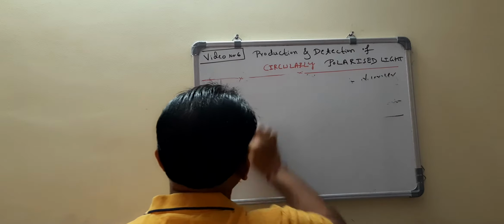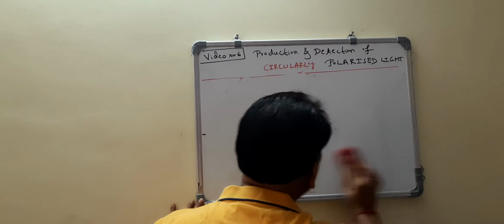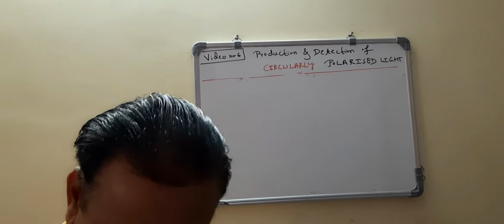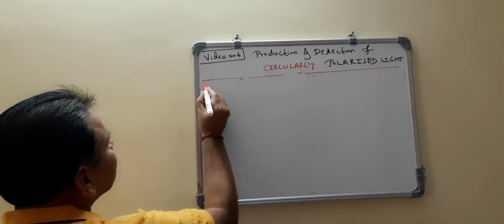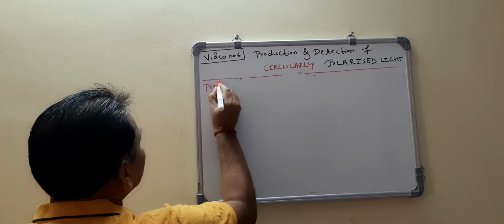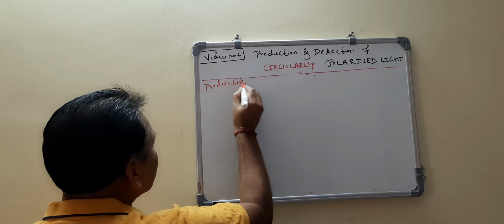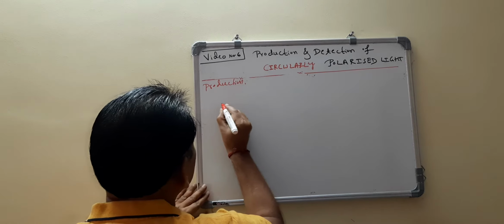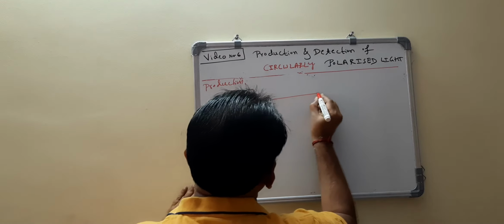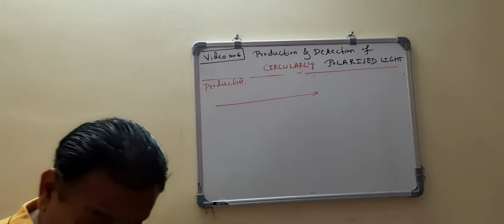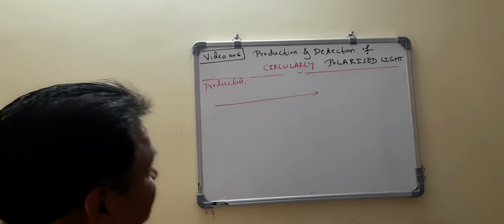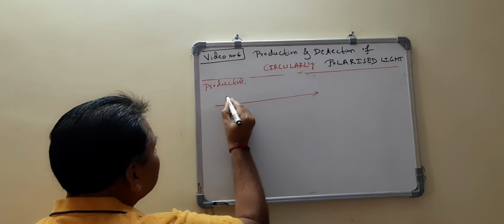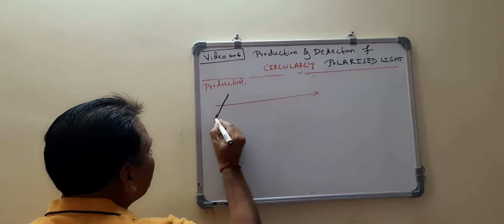Next, now I will go for the production. Now I will come to your actual topic. You should write in the examination only this much. In the production, this is the incident wave, plane polarized light.